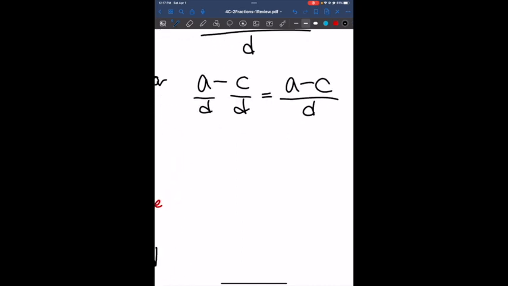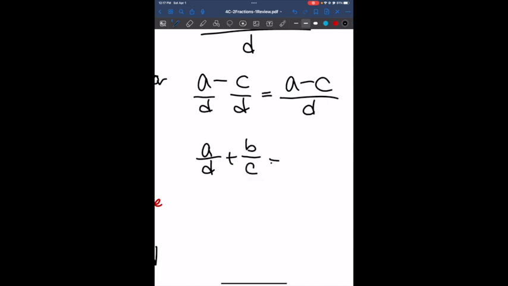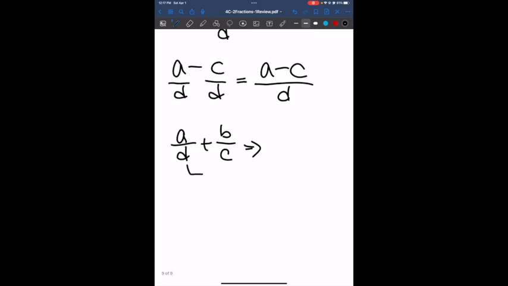But of course, there are times where the denominator is different, both for addition and subtraction. Then we have to find a common denominator. Usually we multiply those two, like DC. And then since we had to multiply C to this to get DC, we also multiply C to the numerator.